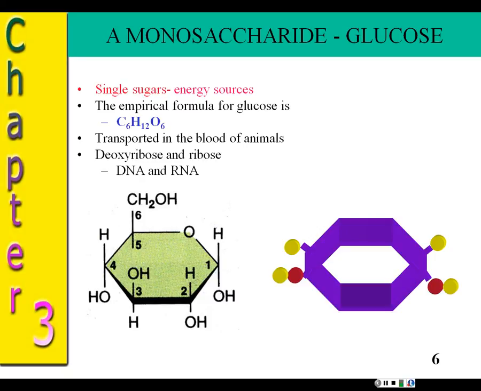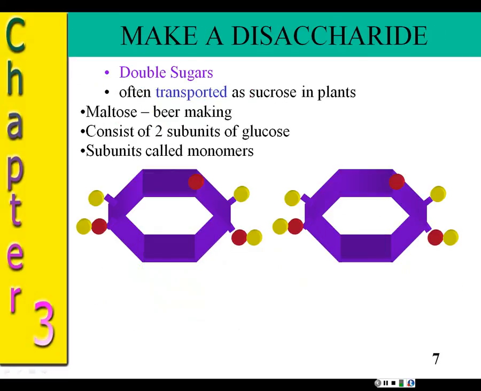I'm going to move this in a minute. Y'all ready? All right, we're getting ready to do our first reaction. All right, here we go. So it says, we want to make a disaccharide.